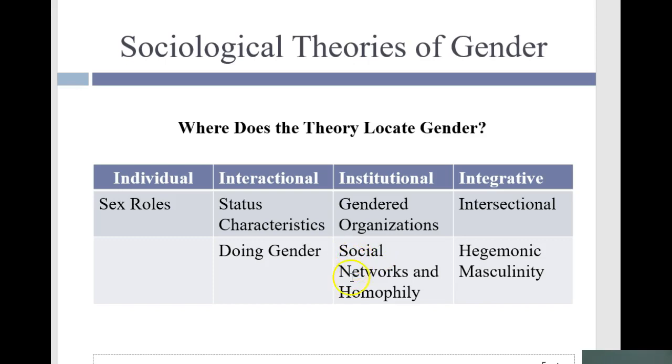Institutional, we look at social networks and homophily, and then we look at the integrated, the intersectional, and the hegemonic masculinity. So these are the theories you're going to explore this week, and I'll leave you that chance to really explore those. And again, use the PowerPoints as a good outline of where your chapter is going.